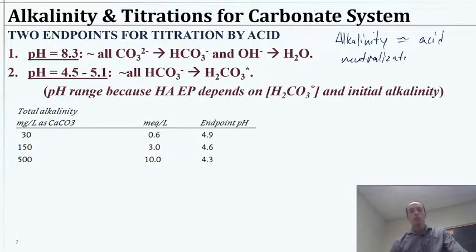Of course, we could add a base and see how long it takes before we get everything to CO3 2 minus. But oftentimes we look at it in terms of adding an acid and seeing what happens.